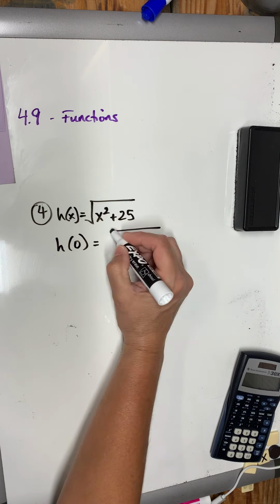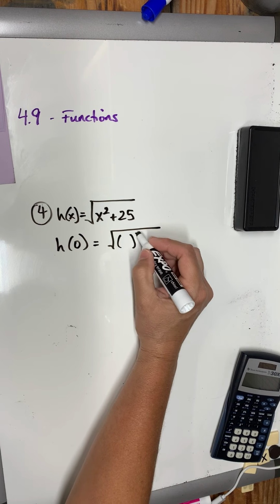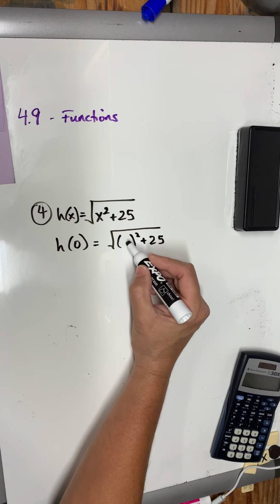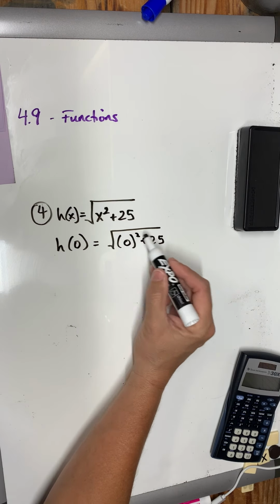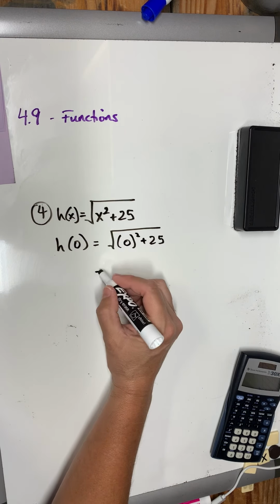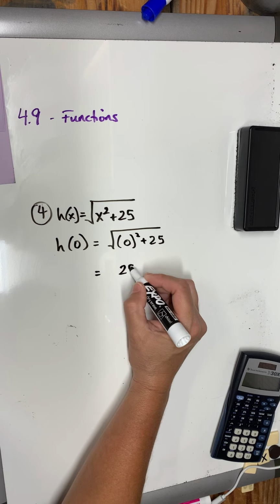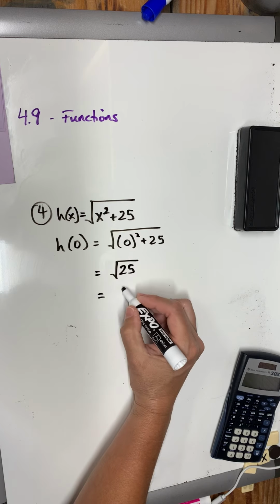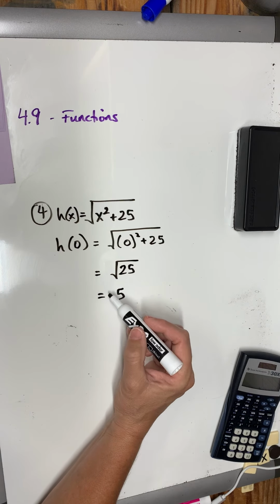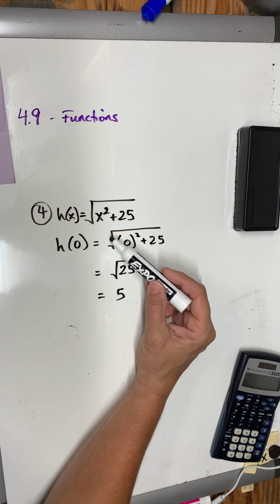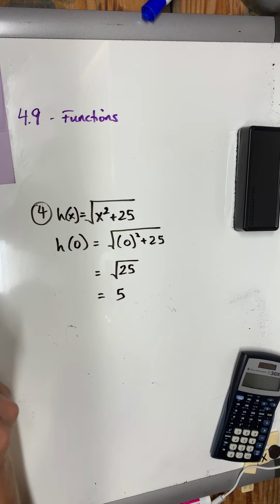So I'm going to rewrite this, replacing the x with an empty set of parentheses, insert my 0. You could type this into your calculator if you wanted. 0 squared is 0. 0 plus 25 is 25. Square root of 25 is 5. Notice I don't need the plus or minus 5 because they had written the square root as only the positive. They did not put a negative there, so I don't need to account for that other piece.